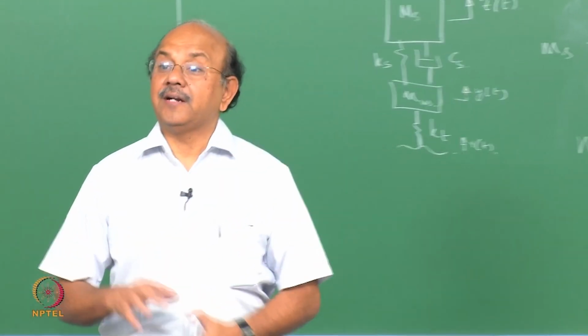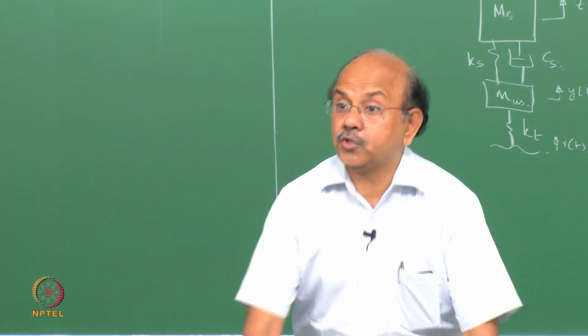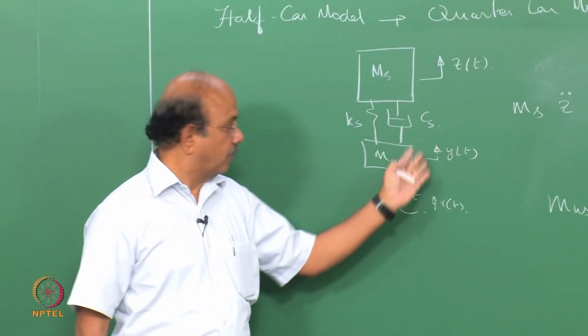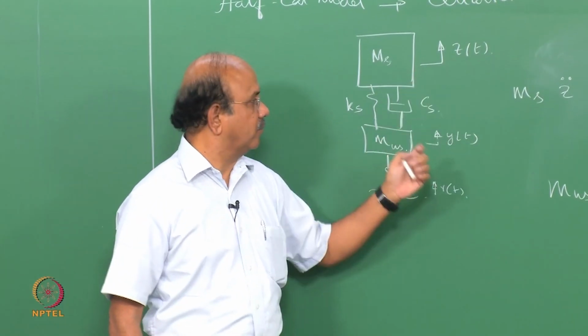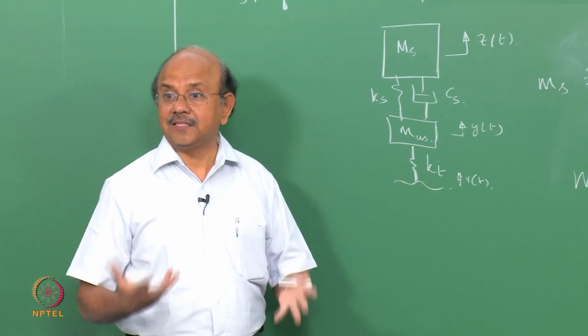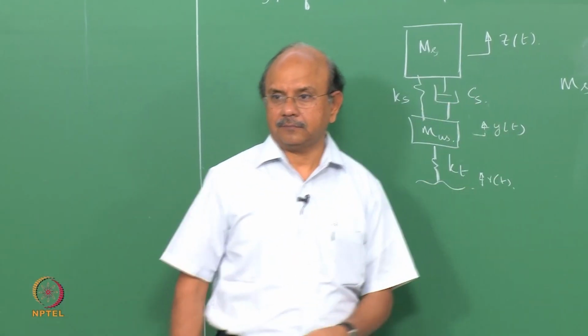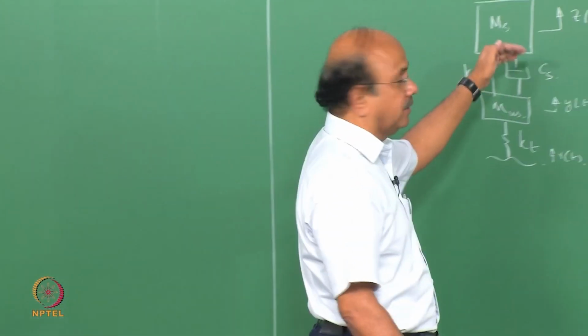Fortunately, but I can't say the same thing with respect to the motion or mode shapes. For this motion, the ratio of Z versus Y, I can't say that, because once I put this damping here, the amount of motion changes.